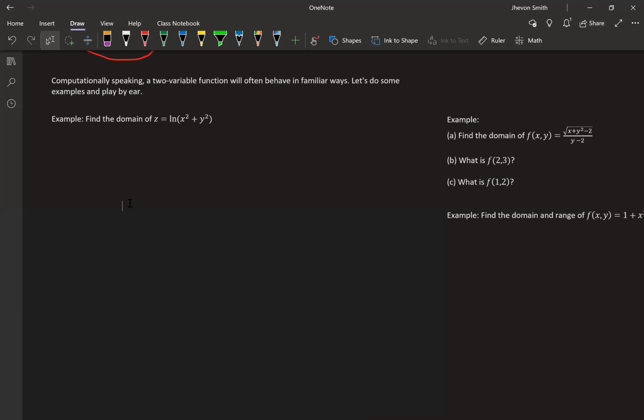Let me know what you think is the domain of this function: z equals the ln of x squared plus y squared. What do you think?